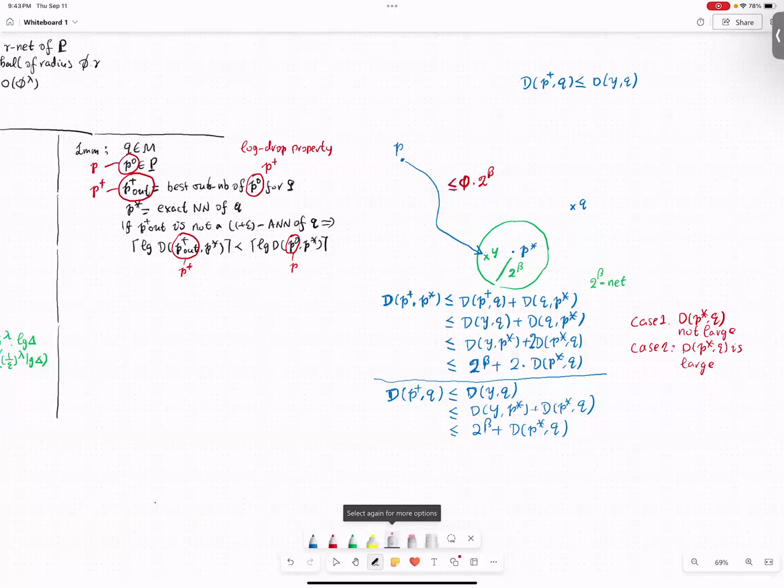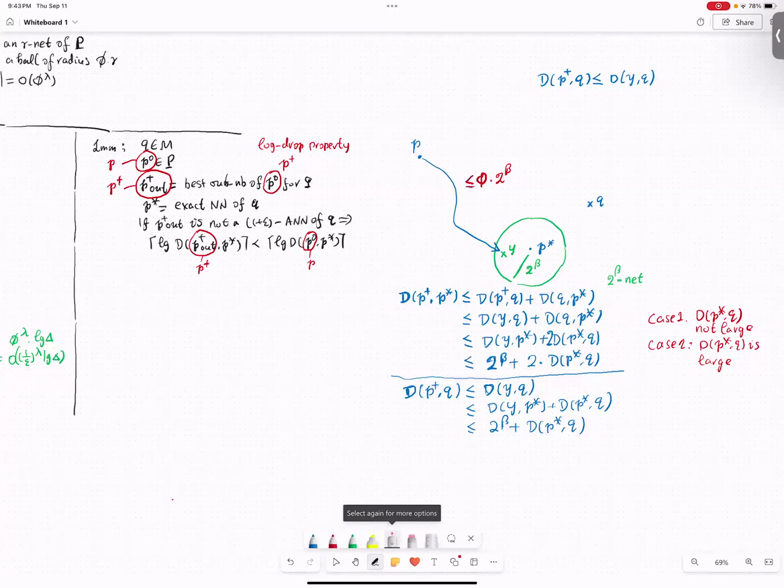And as you can see, in order to make the whole proof work, it's very important to resort to this 2 to the power of beta net. Next I'm going to give you the precise values of this alpha, this beta, and also I will argue for the existence of this magical walk.